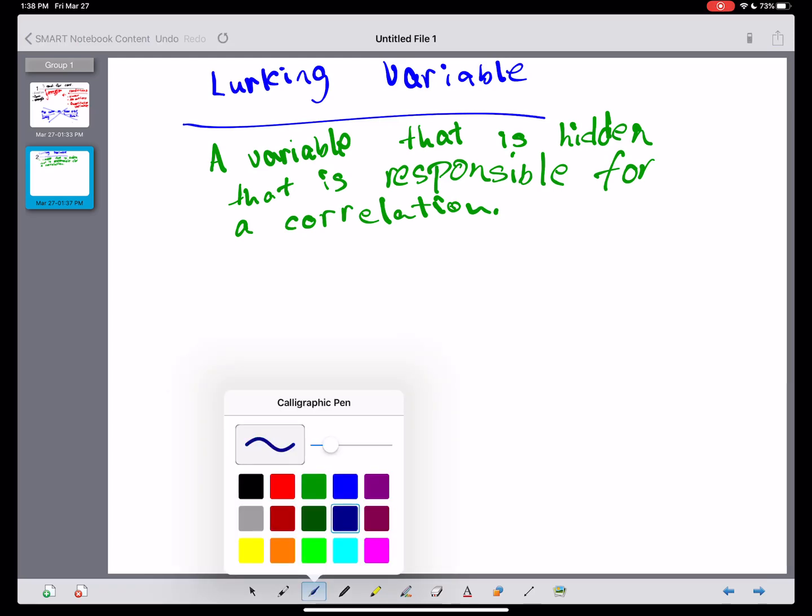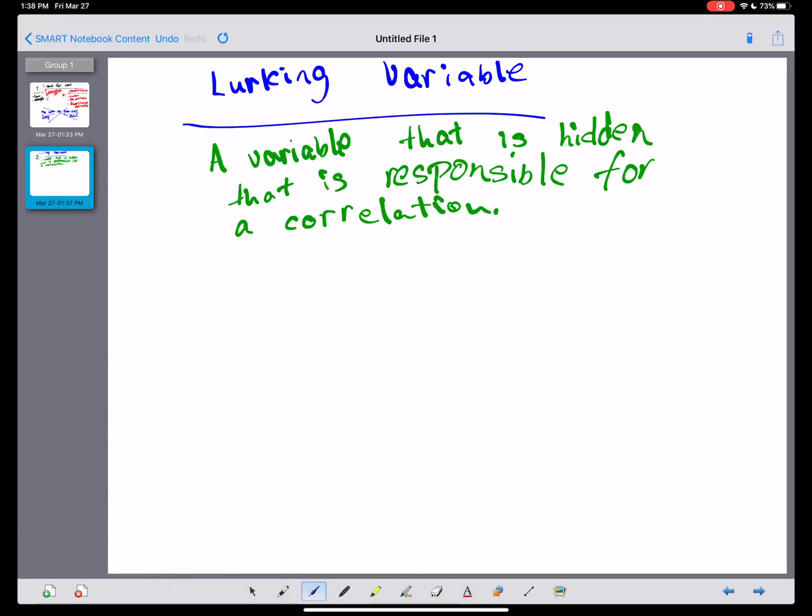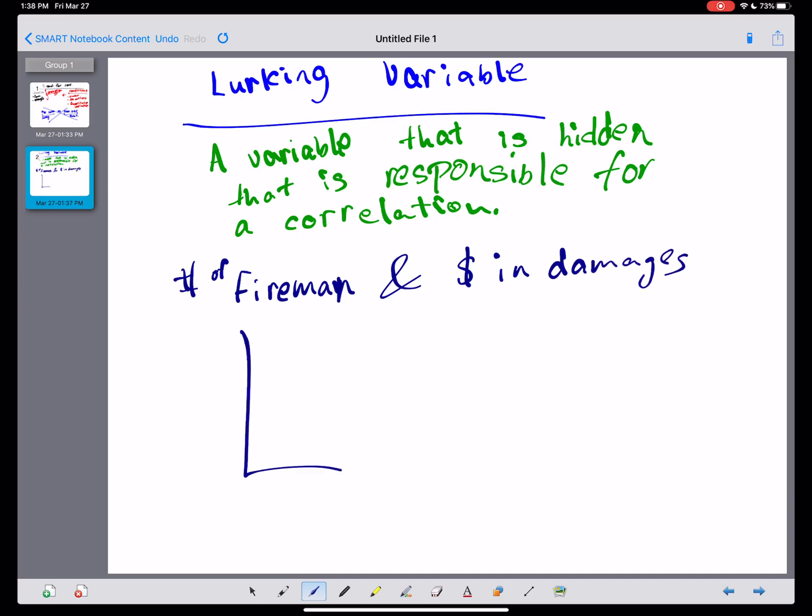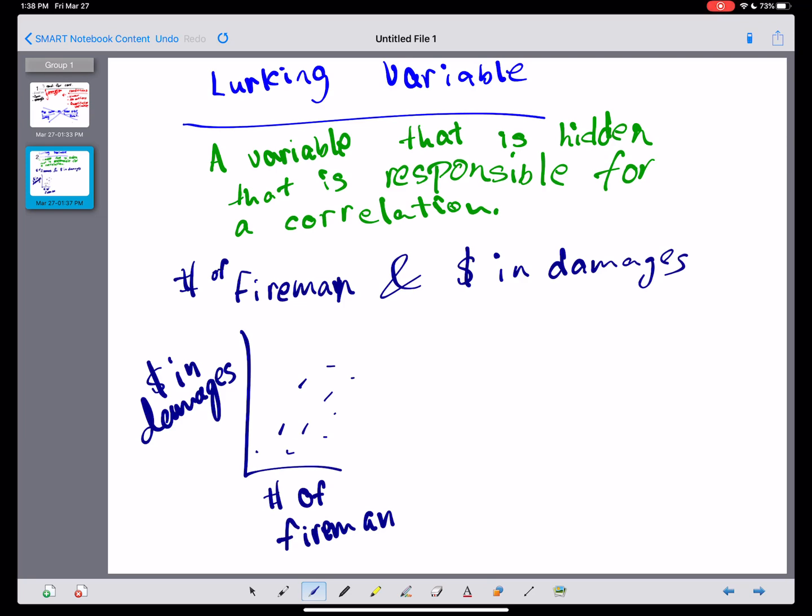An example that we did in the notes was the number of firemen and the money in damages. If you guys remember correctly, the example was a positive correlation.